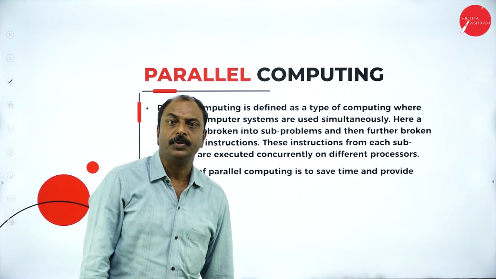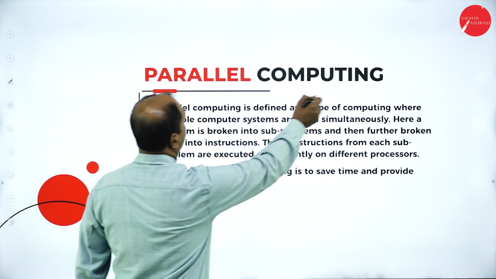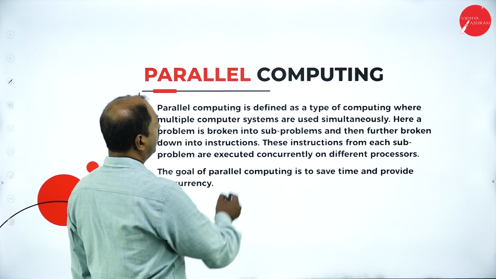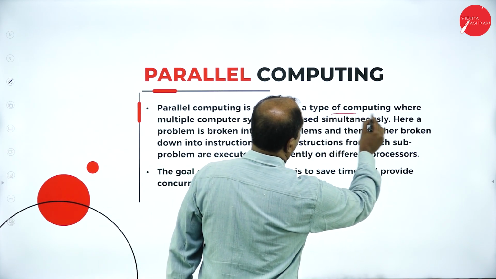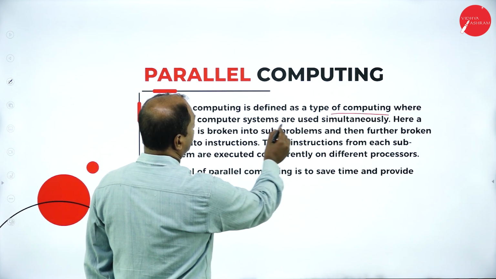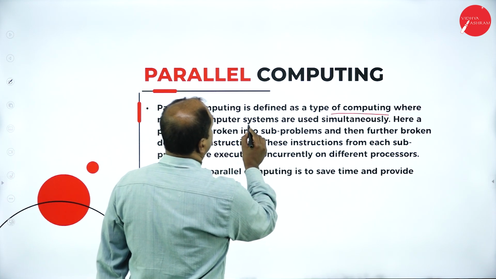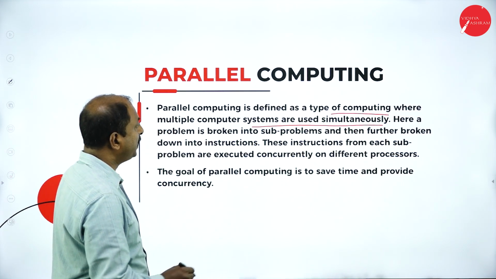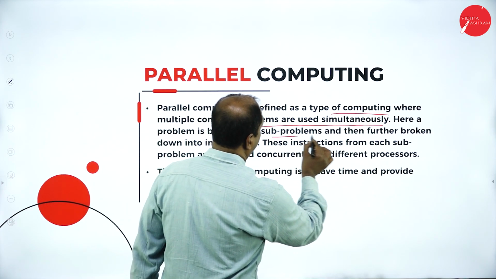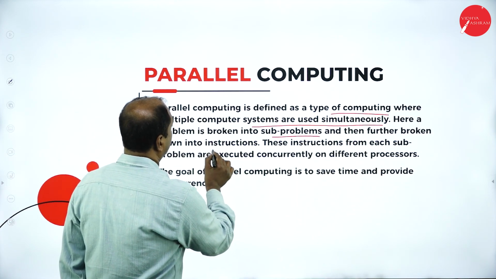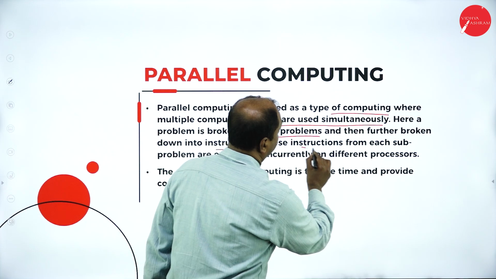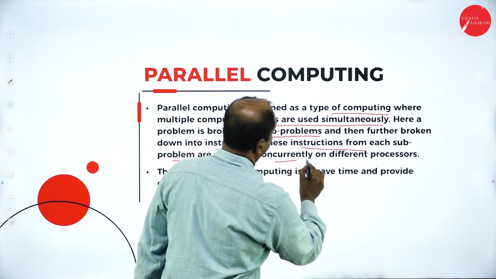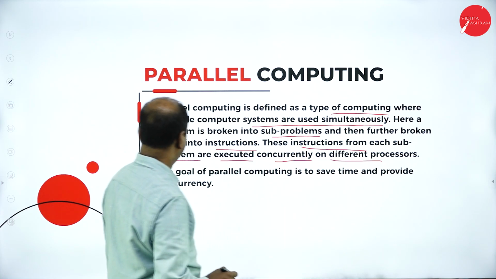Another type of computing is the parallel computing system. So what is a parallel computing system? It is defined as a type of computing where multiple computer systems are used simultaneously. Here the problem is broken into sub-problems and further broken into instructions. These instructions from each sub-problem are executed concurrently on different processors.